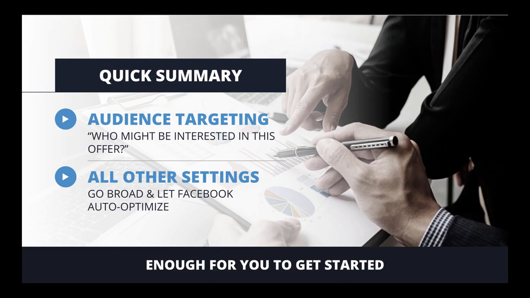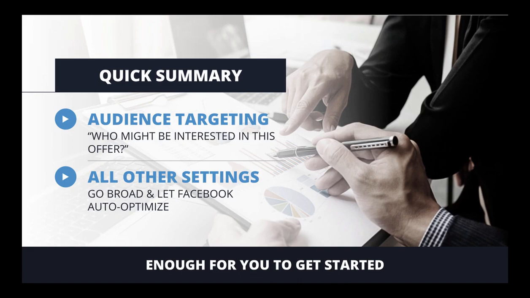And of course, once your ad starts running, you'll be able to actually see concrete data as far as what performs better than something else. And you can always decide to cut placements or target your ad further as far as age, gender, and so forth, once the ad actually starts running. But if the ad has never run, you don't have any data, you don't know what to do yet. So just go broad and let the data come in and let Facebook do that work for you.